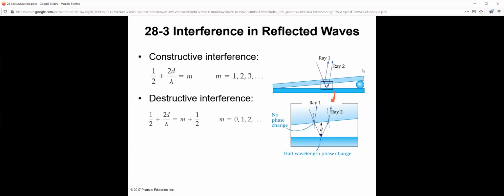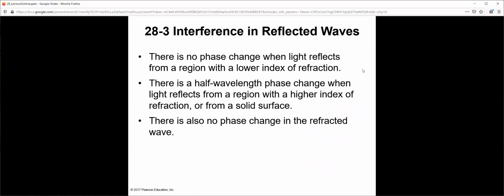And what happens is ray 2 will come out at a different phase than ray 1. I'm not saying a different wavelength, but a phase changed wavelength, because ray 2 reflected off of a higher index of refraction.